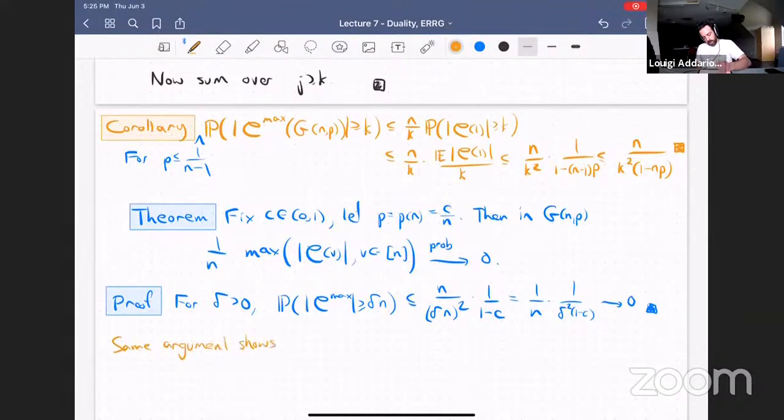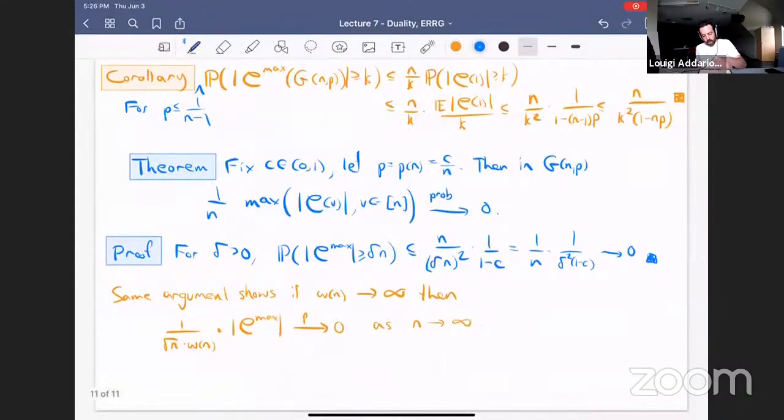shows that if omega n is some generic function tending to infinity as n tends to infinity, I'm going to use this notation a lot in the next couple lectures, then 1 over root n times omega n times the size of C max tends in probability to 0 as n tends to infinity.